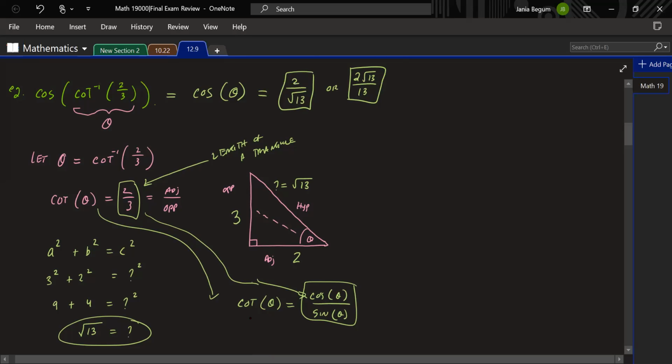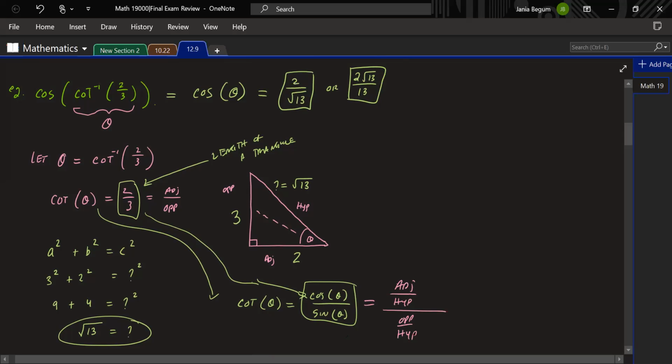If you were to rewrite cotangent as cosine over sine, what is the definition of cosine from the right triangle? Adjacent over hypotenuse. And then sine is opposite over hypotenuse.